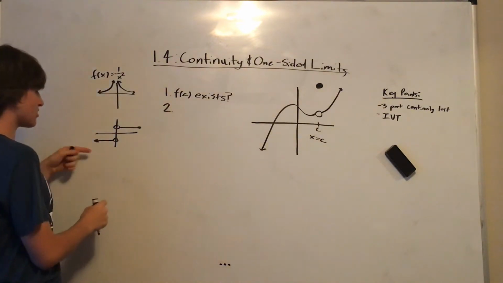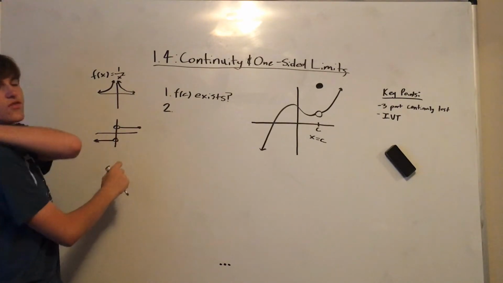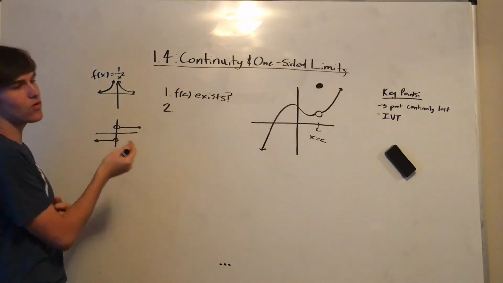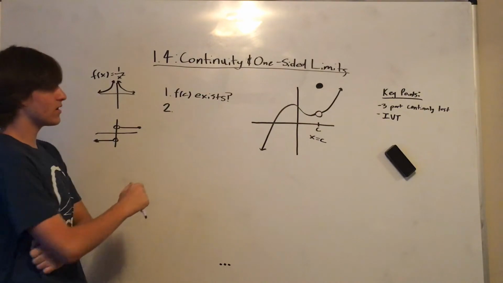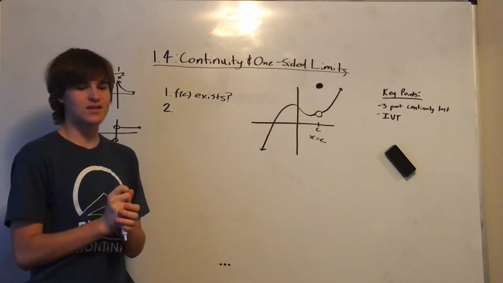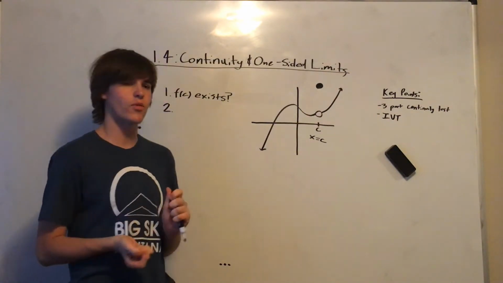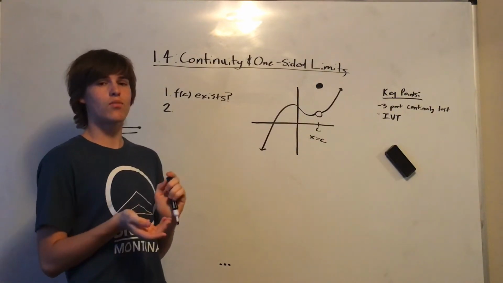This one is approaching two different values from the two different sides, so therefore it cannot be continuous. How will we write that in words, though? We have been talking about these things called one-sided limits. I kind of got ahead of myself. That didn't actually appear until this section of the book, 1.4, but it's coming up in a real important way right here.